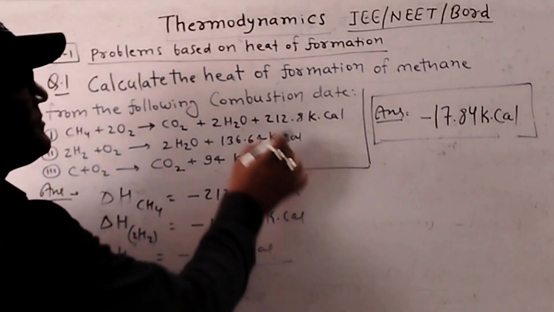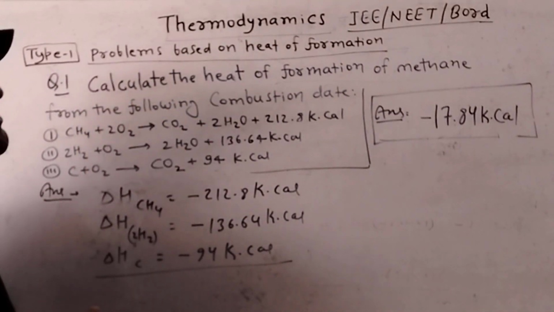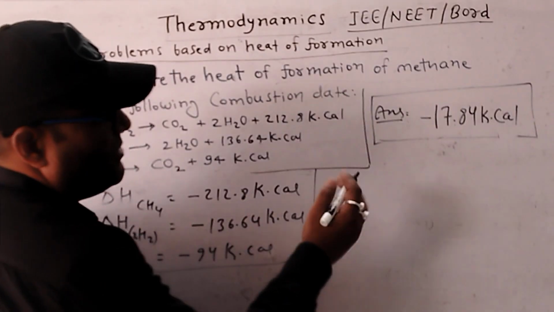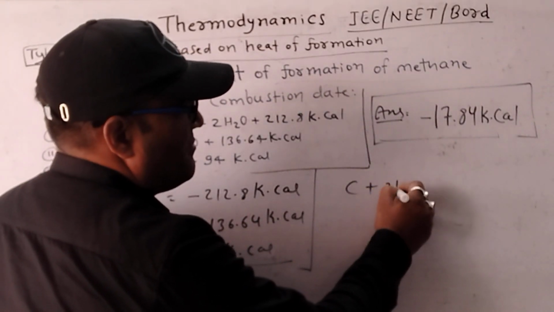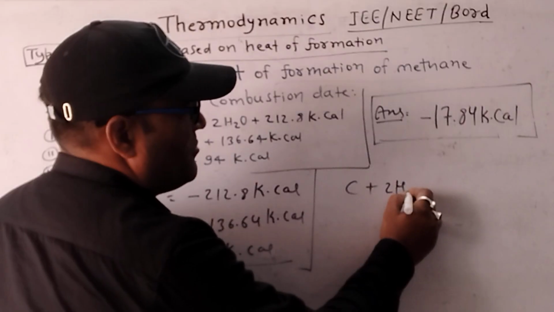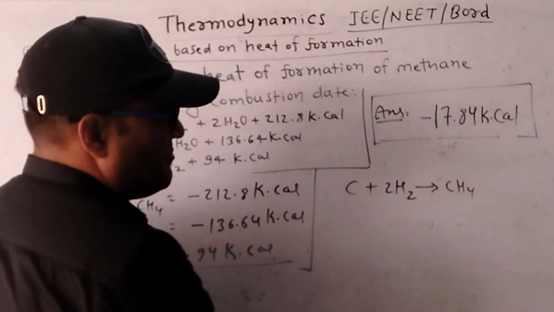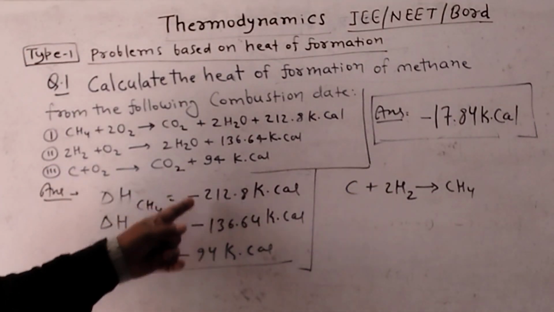Now we can calculate the heat of formation of methane. The molecular formula of methane is CH4. So methane is formed by the combination of 1 mole of carbon and 2 moles of H2. According to this question, we can put these values.